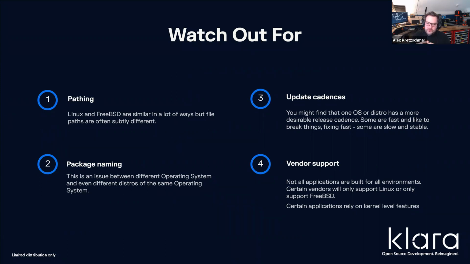So there's a few things you've got to be aware of, just some pathing differences. Largely speaking, the philosophies of the operating systems are broadly similar. I know there's some larger picture licensing differences and what have you, but it's still, everything is a file pretty much in BSD, same as in Linux. Those concepts still translate, POSIX still translates, all that stuff. Just things are in different places, different directories.